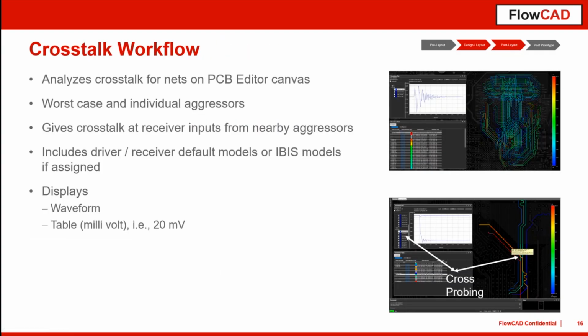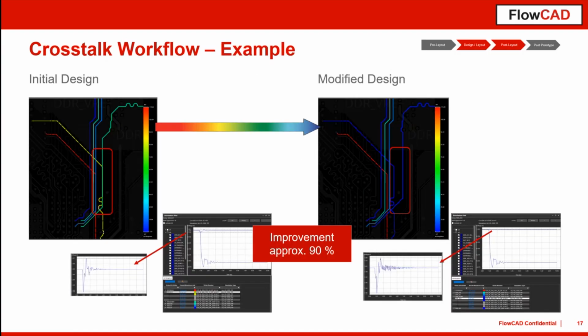And of course, I know that it's not always possible to move away all signal traces from each other. Then we have the option to use the so-called crosstalk workflow. This crosstalk workflow works similar to the reflection workflows by attaching IBIS transceivers, so that you have real waveforms that can be analyzed by selecting only a few nets, not a complete bus in this case.